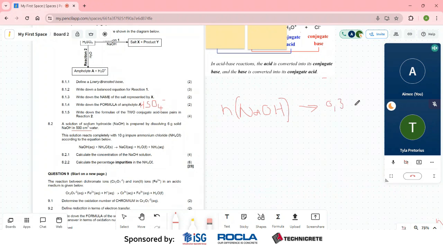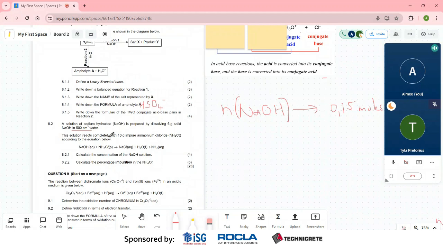The number of moles that you just got for NaOH was 0.3. Oh no, sorry, that was your concentration. Your concentration was 0.3 moles per decimeters cubed. But you already calculated that n was equal to 0.15 moles.